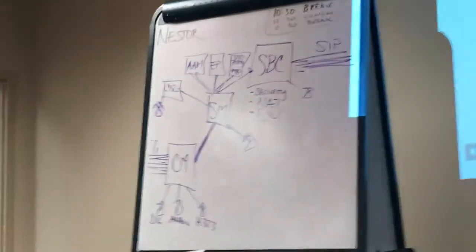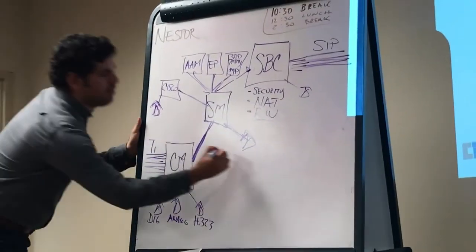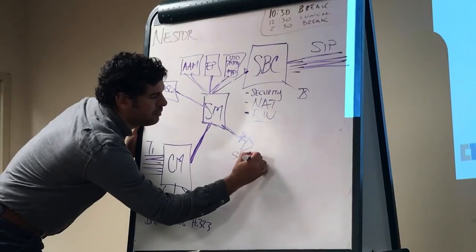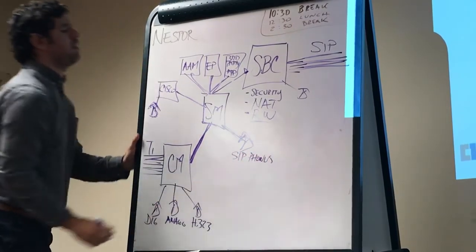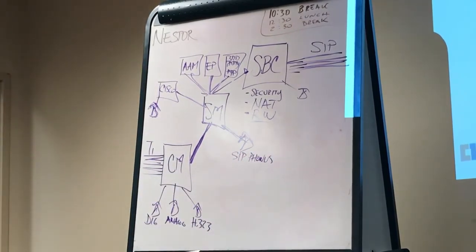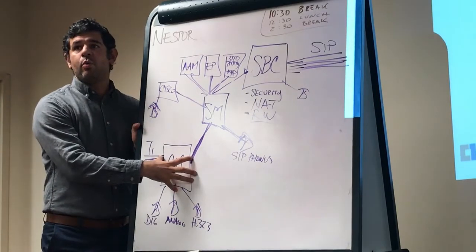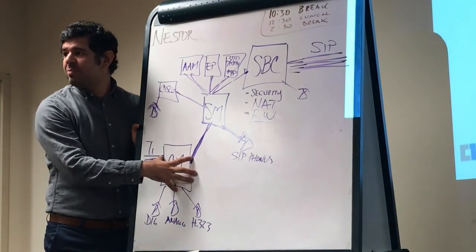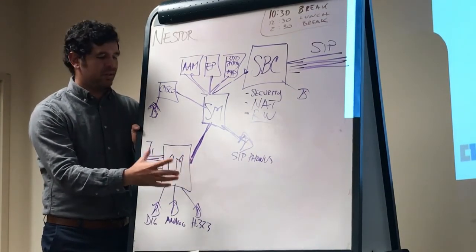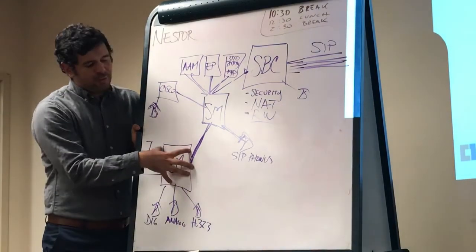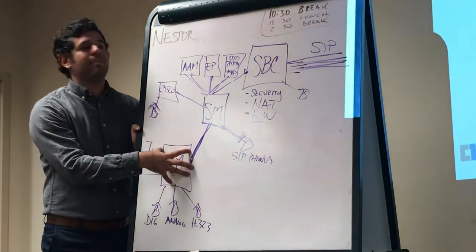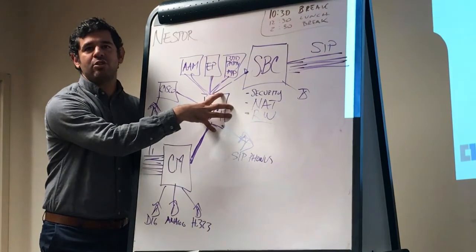So this is the big picture. Remember, these are SIP phones. Now, notice that at this point, you probably have survivability here in CM with survivable servers like the LSPs or ESSs. If you have survivability on CM, it only makes sense to have survivability here as well.